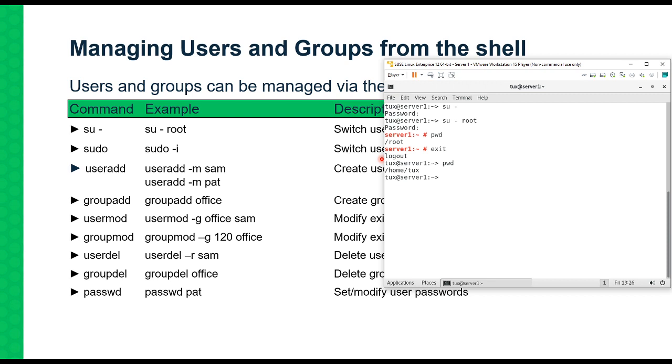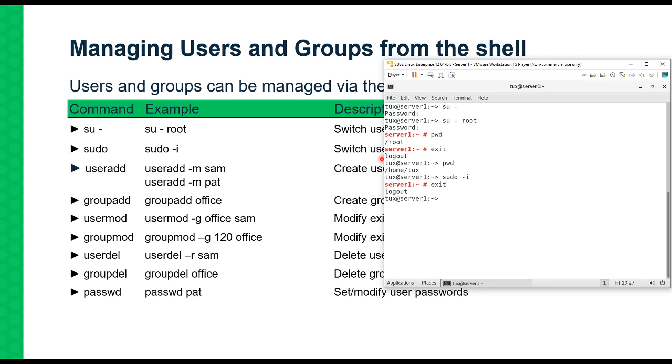Now let's do the sudo -i command to see if we can switch user without typing a password this time. We go sudo -i, and that takes us directly into our sudo user. I'm just going to exit this and show you one more method. You go exit.